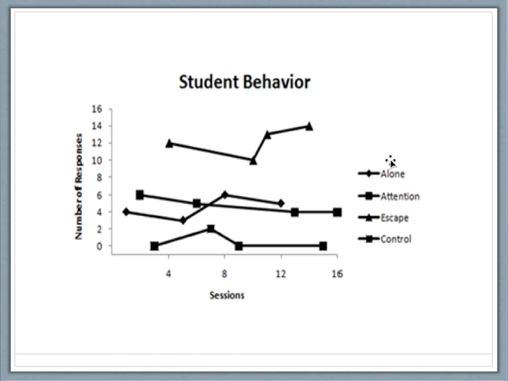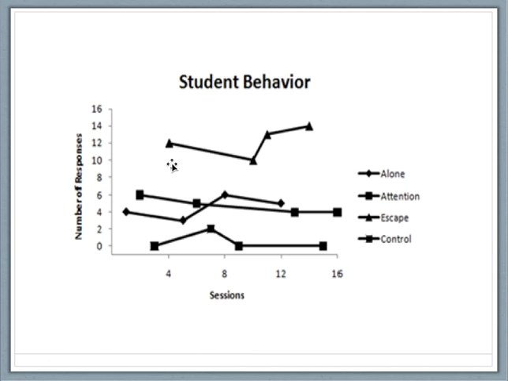Over here, you have your different treatments or conditions, and as you can see, they were implemented during alternating sessions. So you've got your alone, attention, escape, and control, and all of these were implemented.